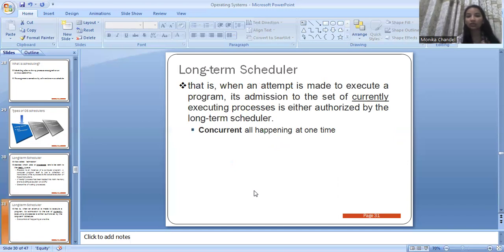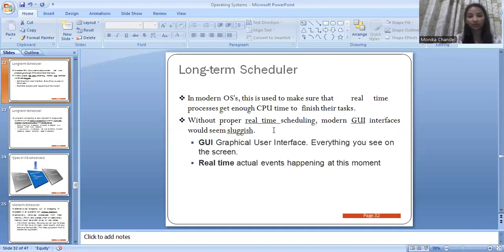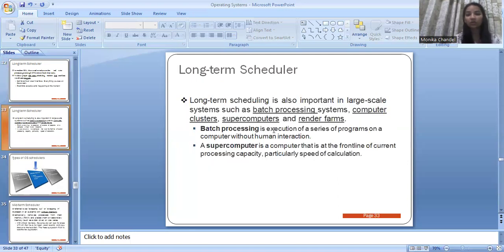When an attempt is made to execute a program, its admission to the set of currently executing programs is authorized by the long-term scheduler. The first job will be executed, and after that the next job will be ready to be executed. Long-term scheduling is also important in large-scale systems such as batch processing systems, computer clusters, supercomputers, and render farms.